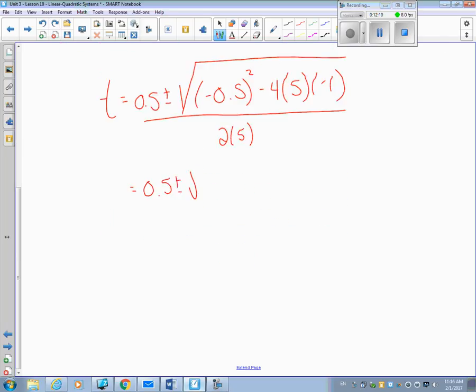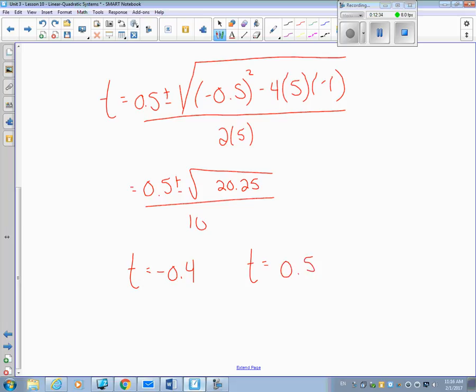So underneath the root sign, underneath the fraction, if I use my calculator for the root sign part, I got 20.25. So I can get two answers, t equals and t equals. First one I got negative 0.4, and the second one I got 0.5.